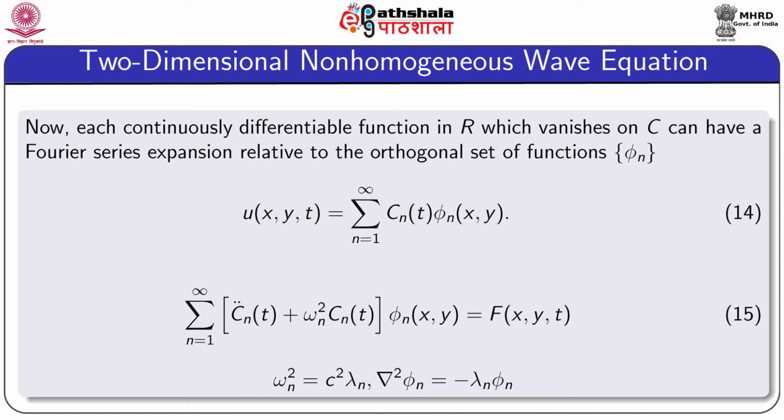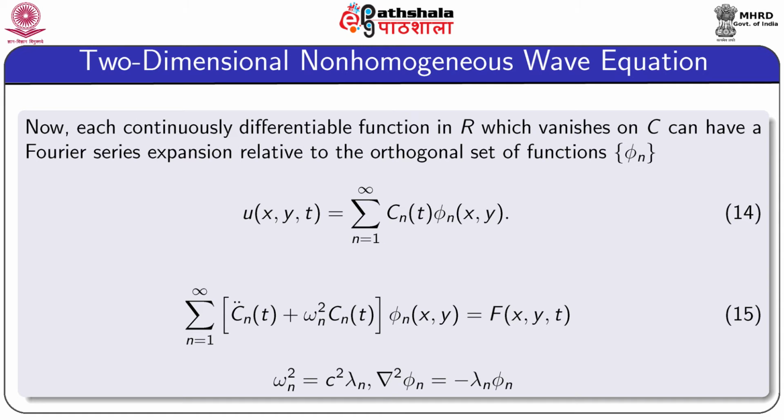Now, we assume that the solution u, which is a function of x, y, t, can be written as a linear combination of the eigenfunctions of the Laplacian operator. So, u is represented as sum over n Cn(t) phi n(x, y).